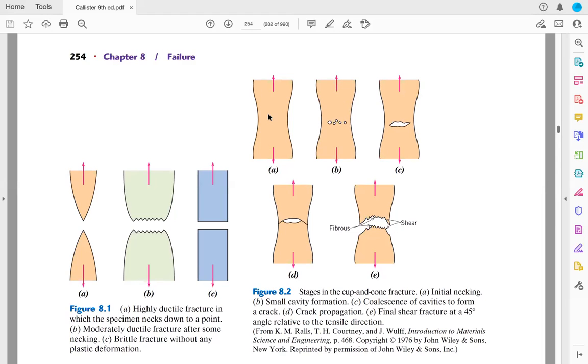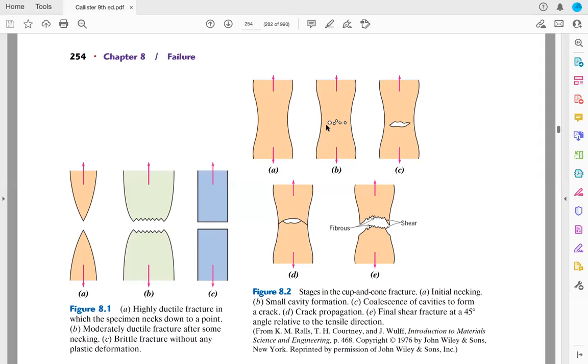And even if the cavity is inside the metal, you can still check it. So we have what we call non-destructive testing, NDT.